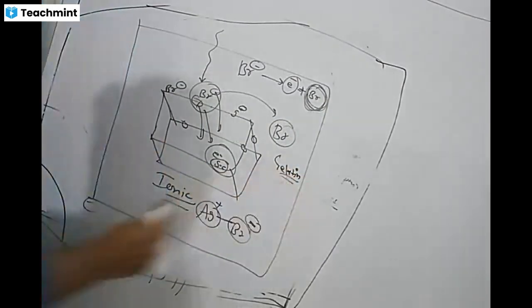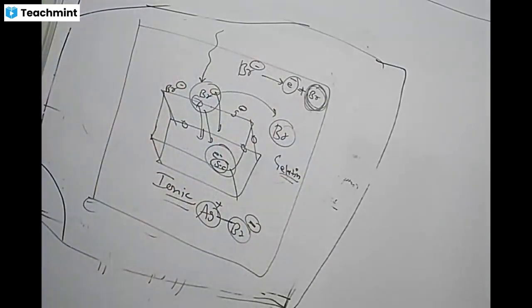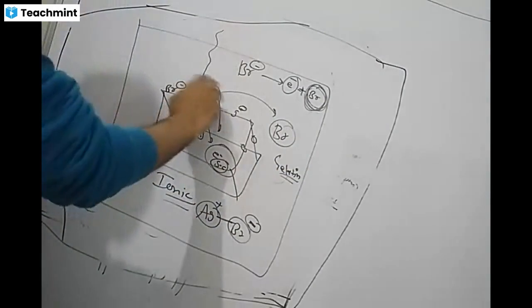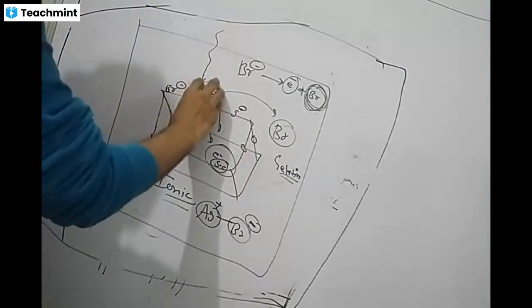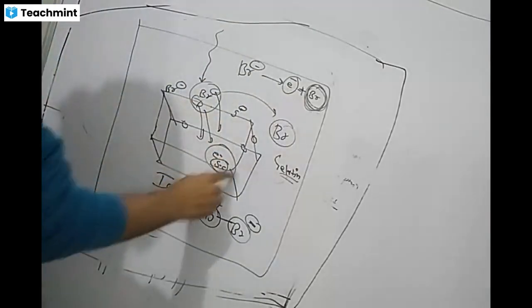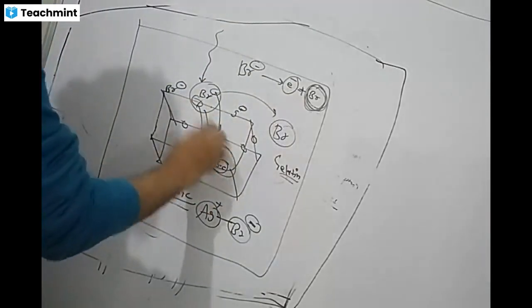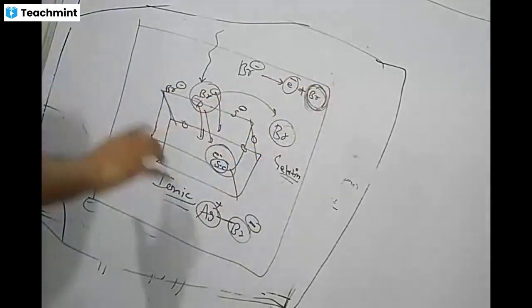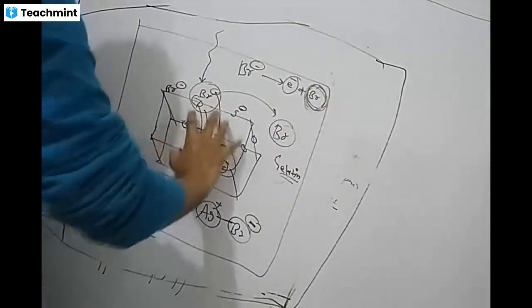Outside is the gelatin. This is one crystal and the outside is the gelatin. So if a photon falls on the bromide ion, it will lose its electron. That electron will go to the sensitivity center, and the bromine atom, being neutral, will not remain in this crystal.